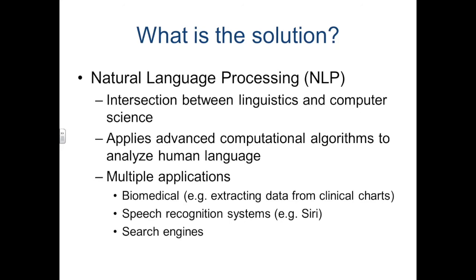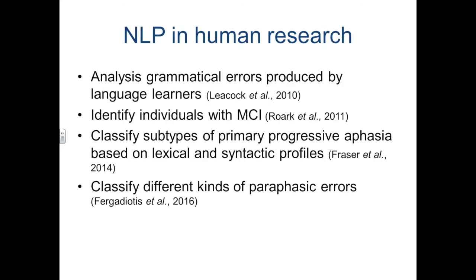Now, NLP in human research has been somewhat limited. These are some of the examples in which NLP has been used. They've used natural language processing to analyze grammatical errors produced by speakers who were learning different languages. It's been used to identify individuals with MCI, trying to determine if there are any precursors of the neurodegenerative disease that may come from language and from more subtle things than a Boston naming task, for example, where these patients tend to perform at the ceiling level.